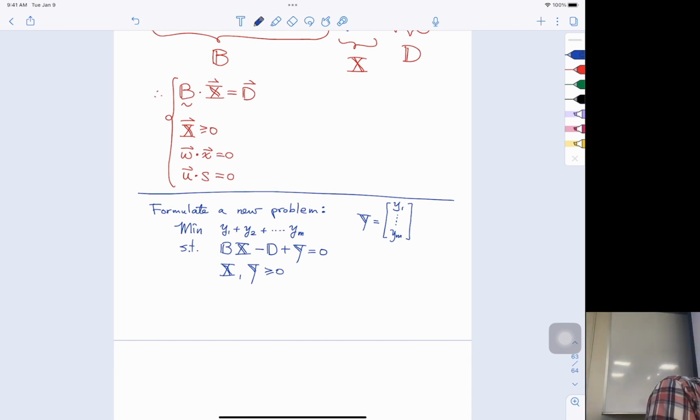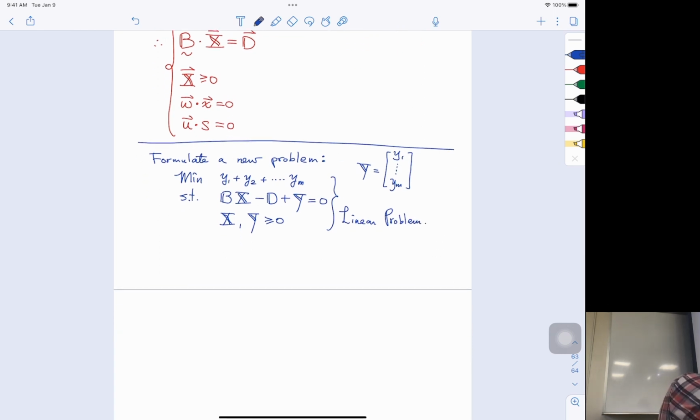Okay, so this is a linear problem. This linear problem can be solved by finding a set of x with all y's, let me call them yi, being 0.